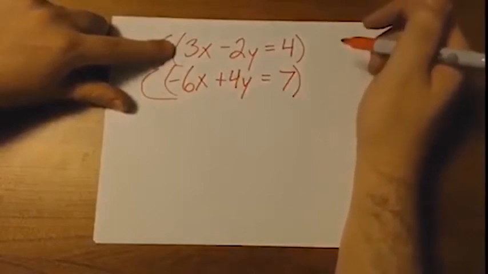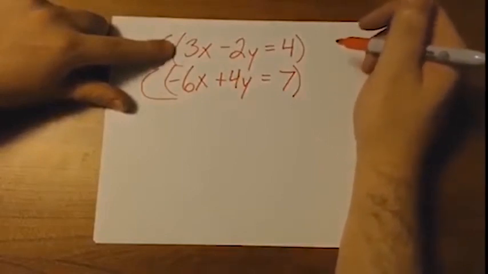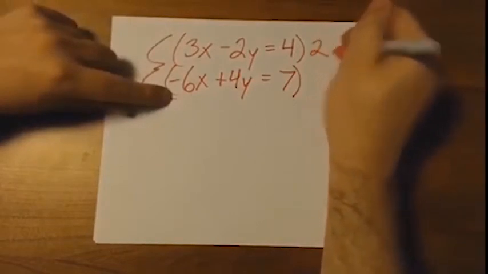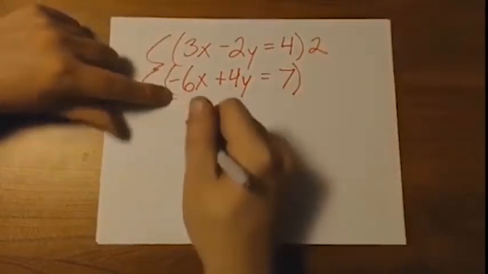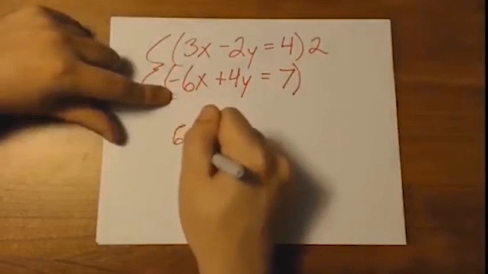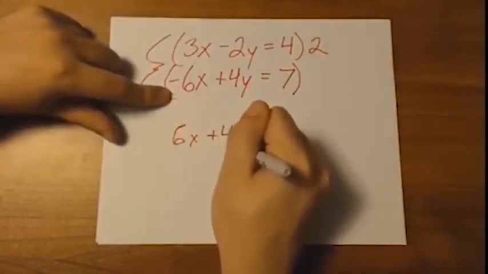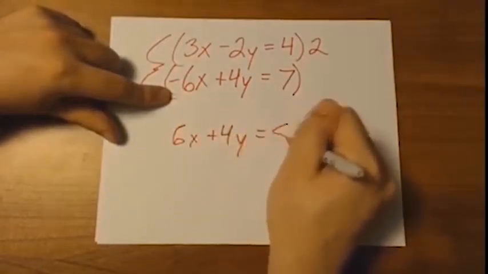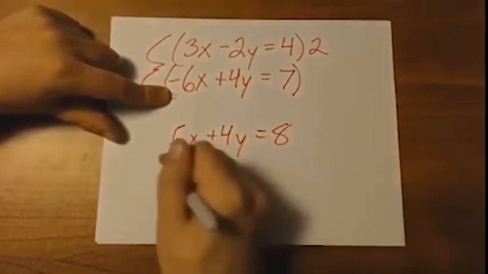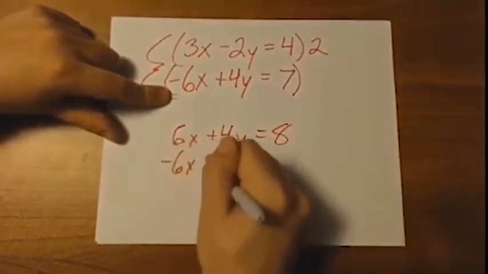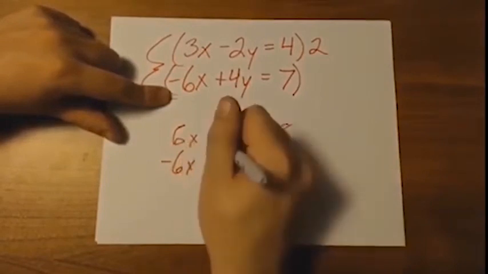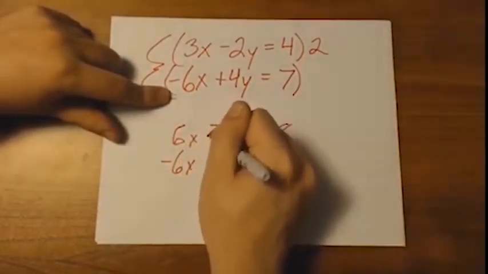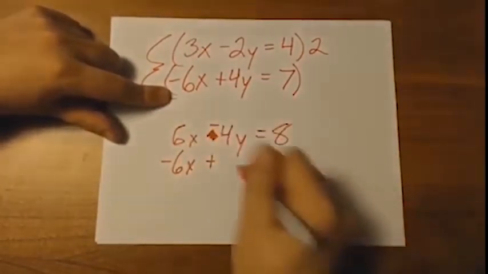Notice, if you multiply this first one by 2, it gives us 6x minus 4y equals 8. It should have been minus 4y on the top.